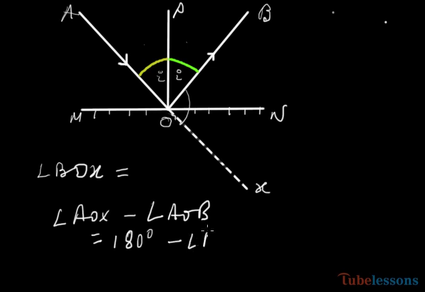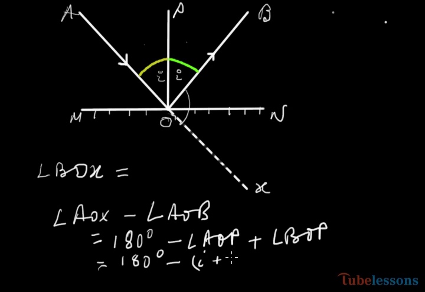Angle AOP plus angle BOP, that is equal to 180 degrees minus, AOP means I, plus BOP means I. Here AOP plus BOP is within brackets.